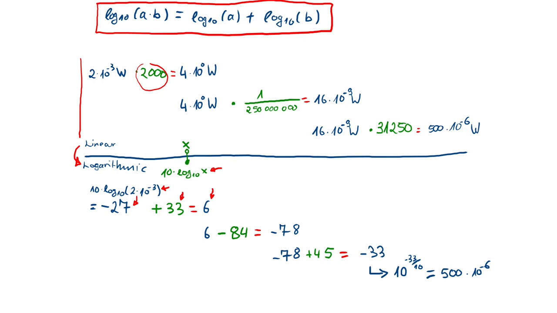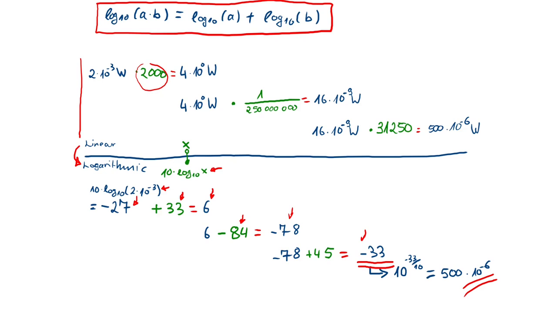And now continue with the other steps. So here for example, the division by 250 million becomes a minus 84, and so on. And in the end, we obtain here as a final result minus 33, and now we can back transform it and get 500 microwatts.